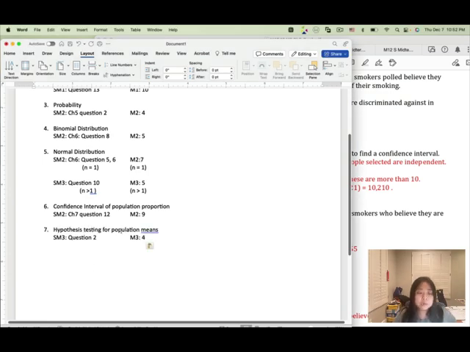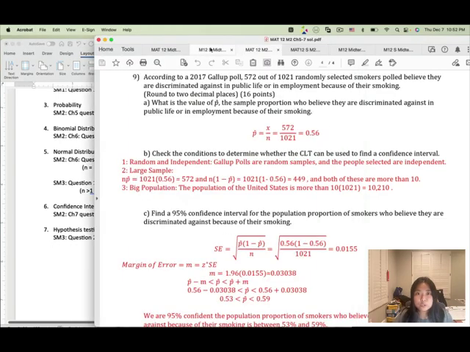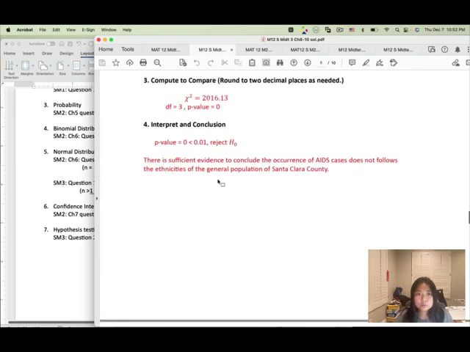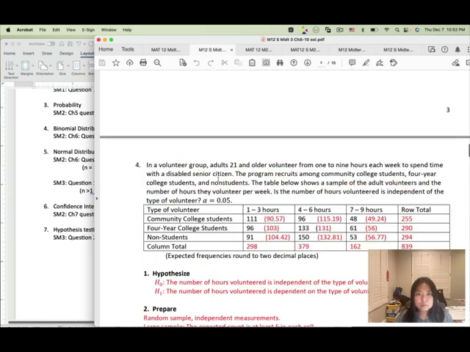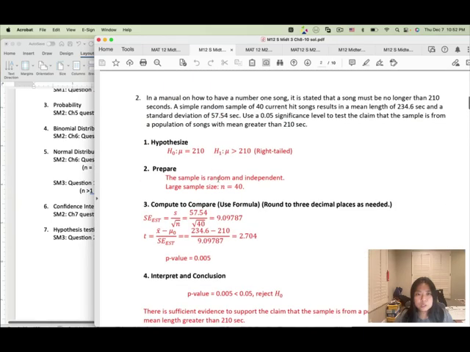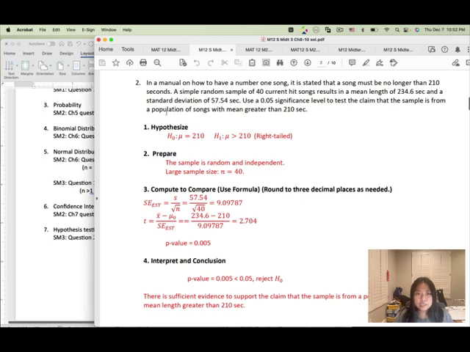Number 7, hypothesis testing for population means. So look at the sample midterm 3, question 2. Make sure you know whether they are working on the population mean or the population proportion.